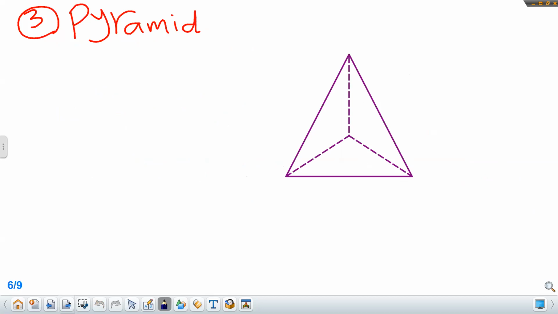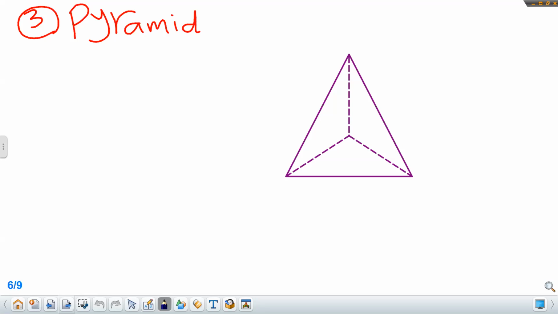Number 3, pyramid. What about pyramid? First, you must know pyramid is a polyhedron, okay, that has one base and the other faces, which are lateral faces. Okay, and you studied before the area of the pyramid.